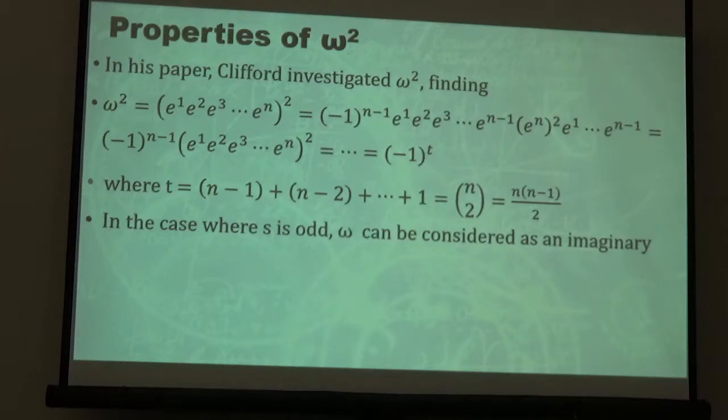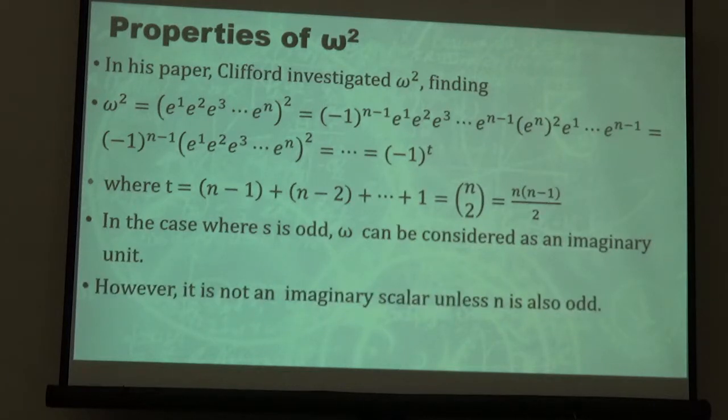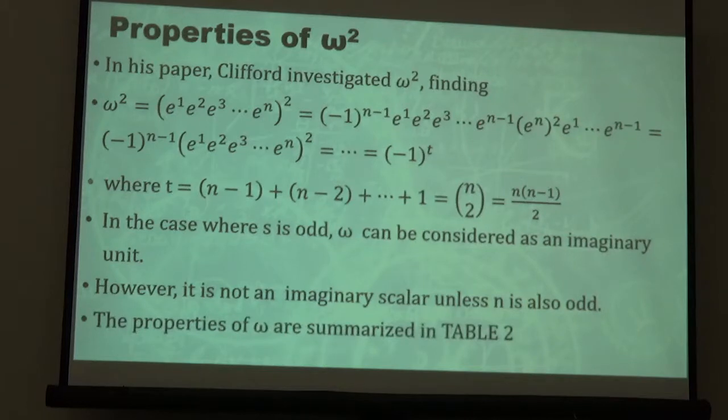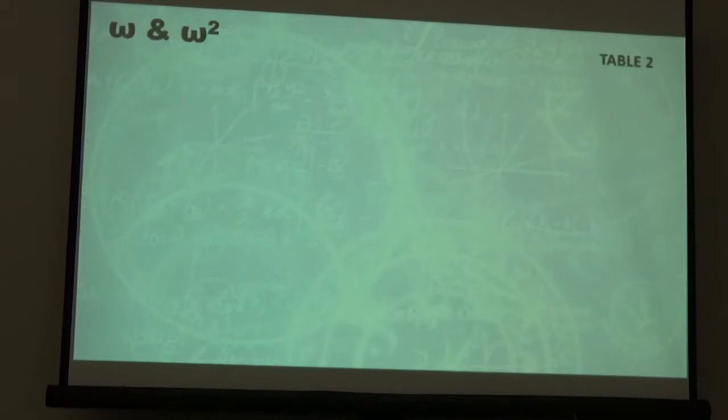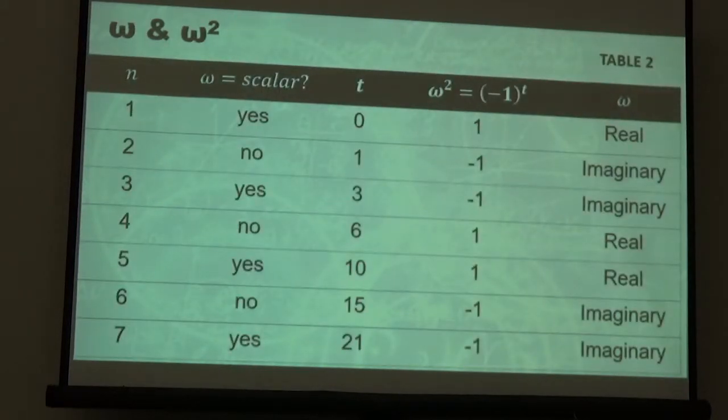So in the case where n is odd, omega can be considered as an imaginary unit. However, it is not an imaginary scalar unless n is also odd. The properties of omega can be summarized in table 2. We worked out a table and calculated it through, and finally came to the conclusion of whether it's imaginary or real by working through the formula.